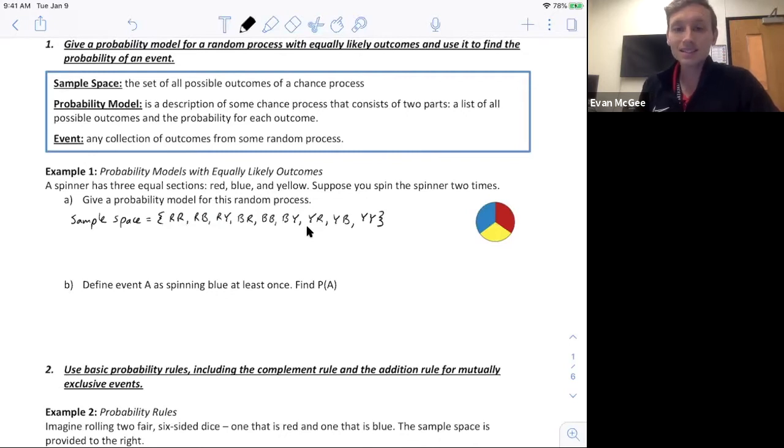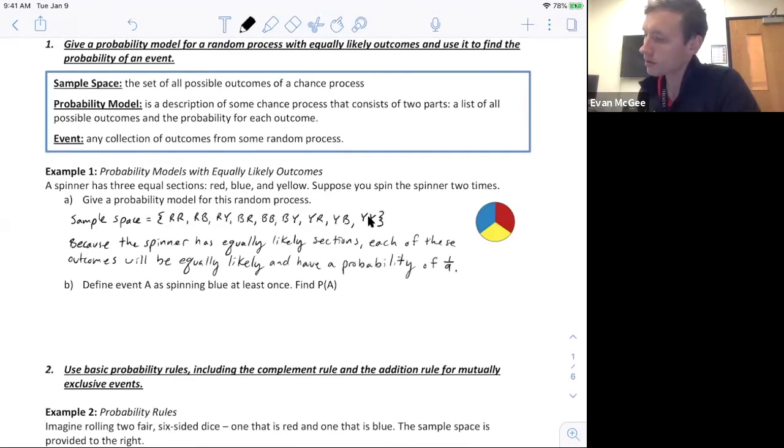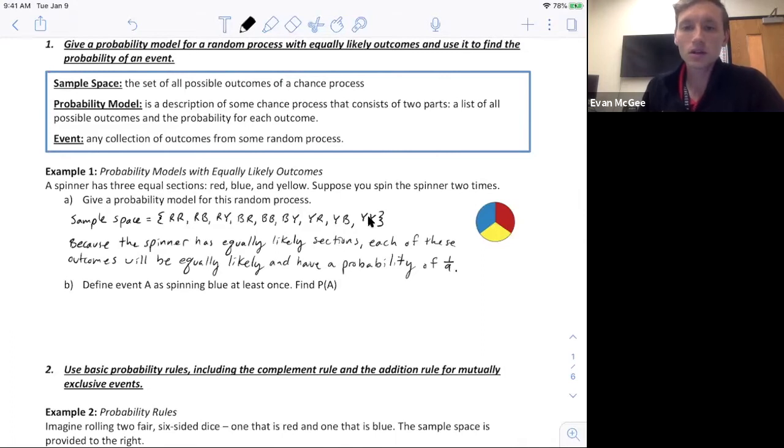Since these are all equal size, these all have an equal chance of occurring, which means there are 9 total outcomes. So each of these has a 1 out of 9 probability of occurring.